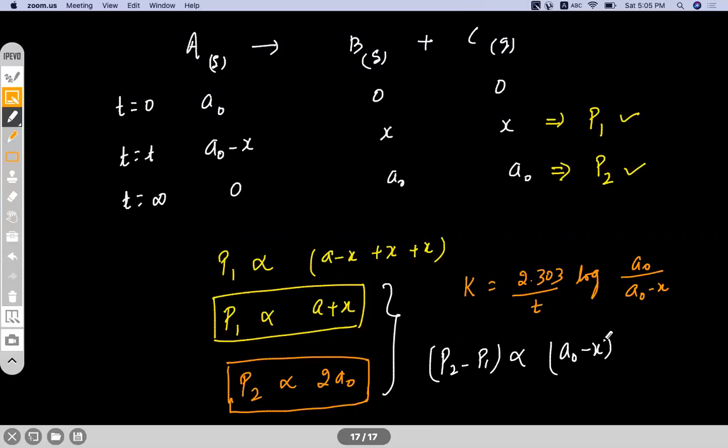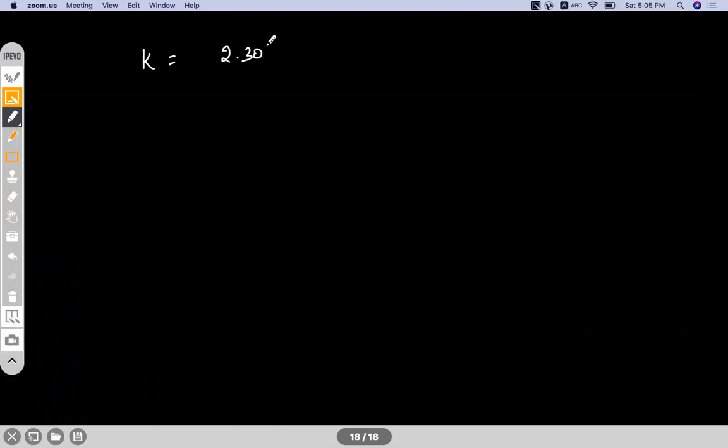Tell me. Understood? Any doubt? Please respond, guys, quickly. Yes, sir. Correct. Now we just need to substitute it here. So K is equal to 2.303 by t log of A naught, which is P2 by 2, divided by P2 minus P1.